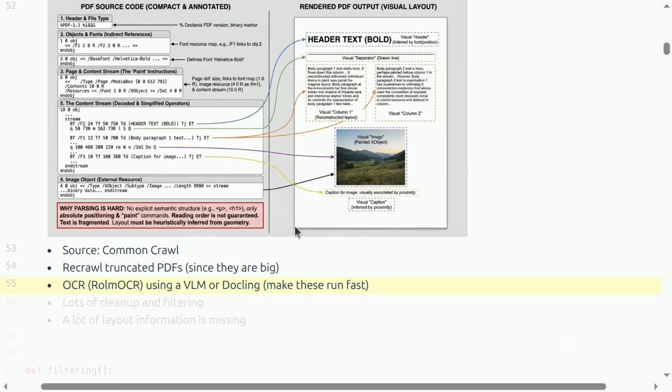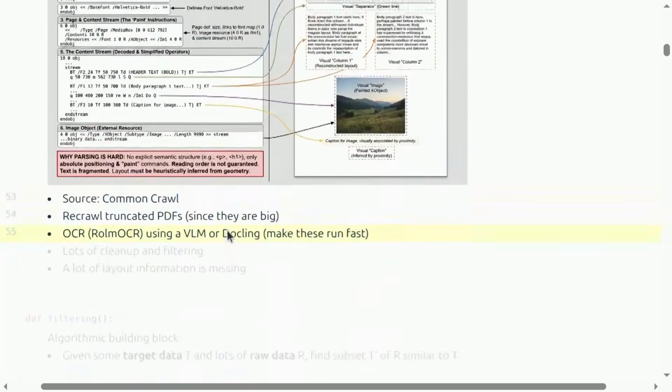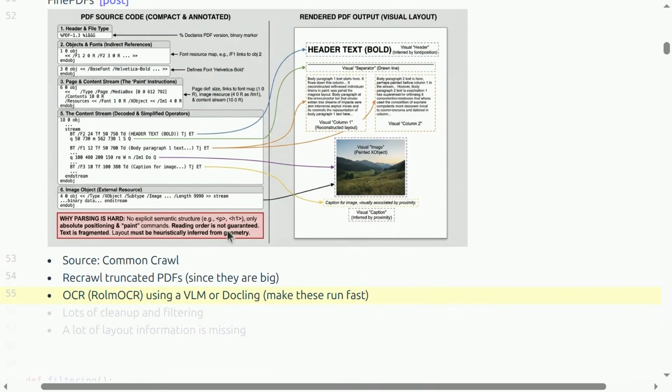So there's a bunch of tools that this paper tried out, but mostly this involves running OCR using a VLM. And this obviously can be much more expensive than what we were doing before with text. Fortunately, or unfortunately, PDFs are a very small fraction of the whole internet, but they are very valuable because generally if you bother to make a PDF, that means you probably have something interesting to say as opposed to a web page.